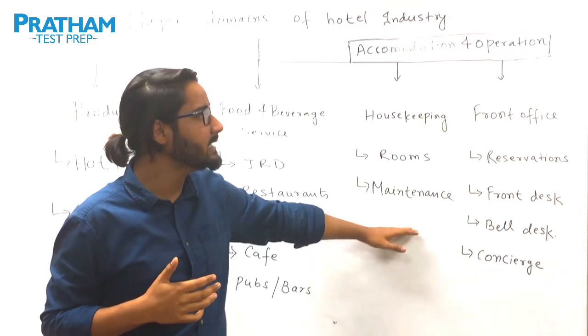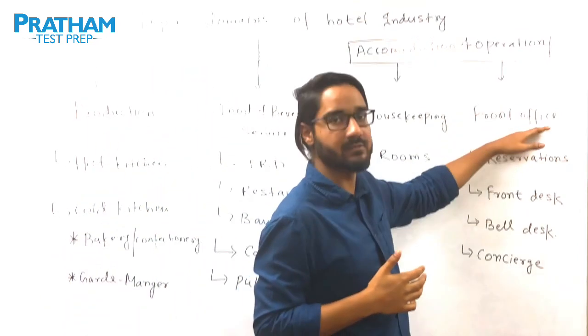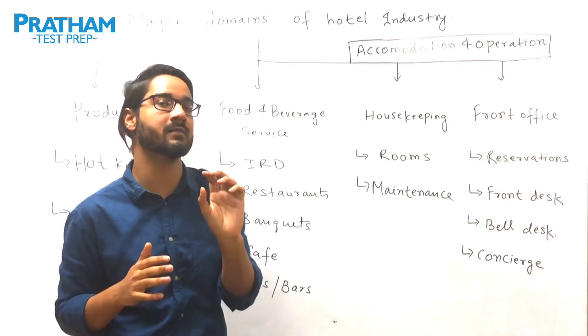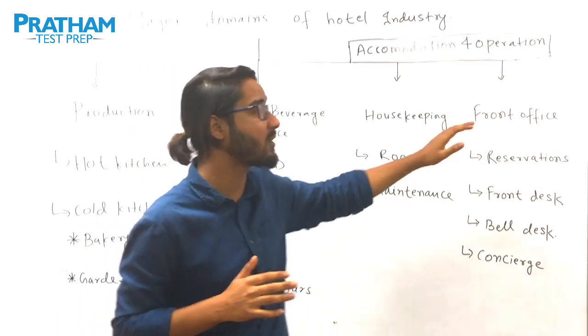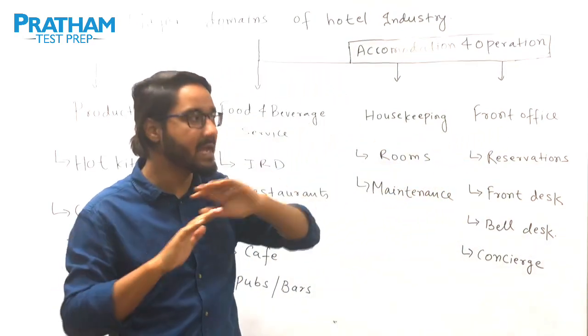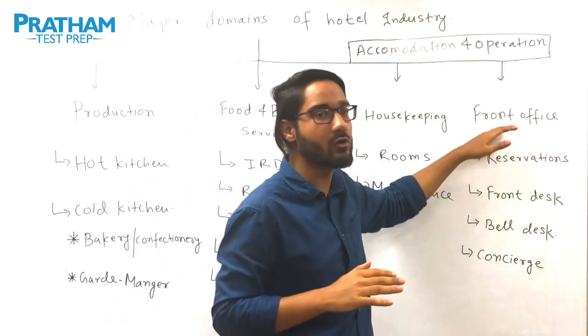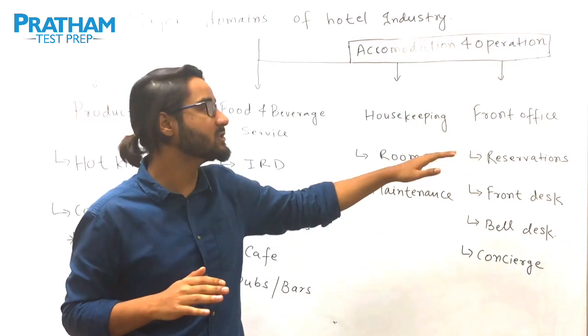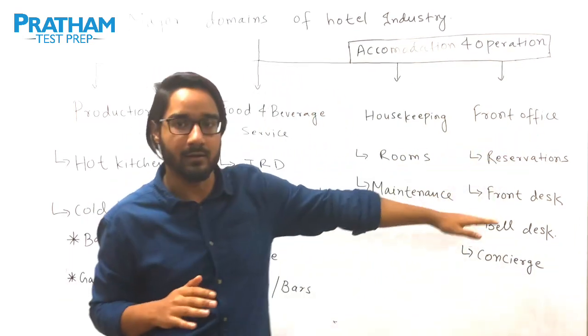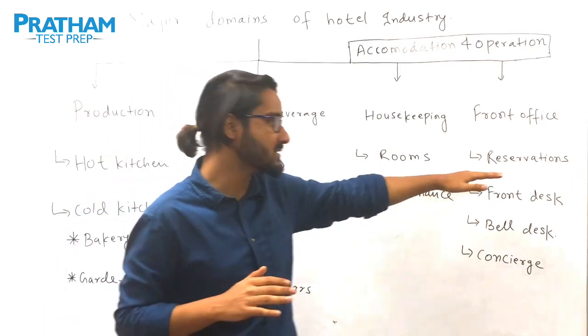Last but not the least would be the front office department. Let me tell you something, guys, front office is a department which is the first point of contact for any guest in any property. Any sort of problems that you have with the food or the rooms or anything is usually taken care of by the front office, all the guest dealing, client dealing and so on. Our first would be reservations.